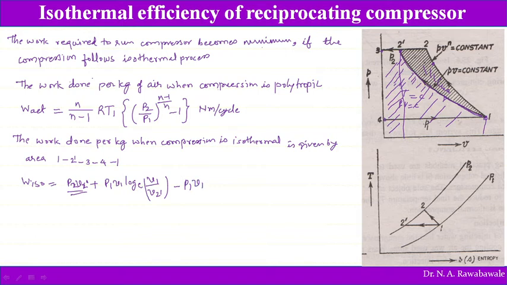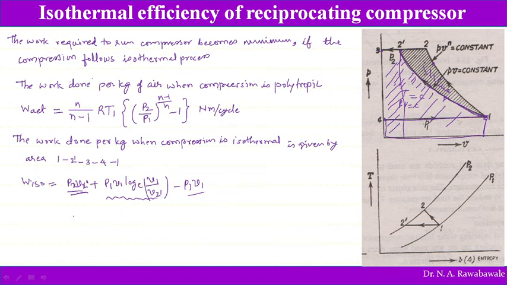So this area is subtracted. It is the same type of derivation we did. The first term and last term are the same, whereas the intermediate term in the previous case was P2 V2 minus P1 V1 divided by N minus 1, because the process was polytropic compression.